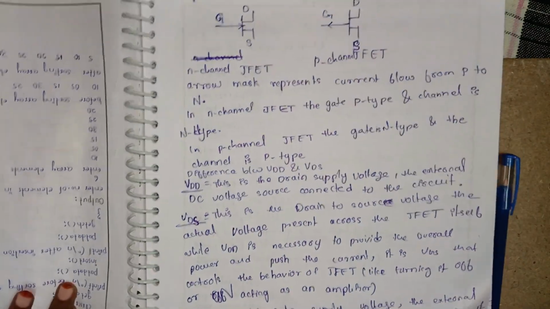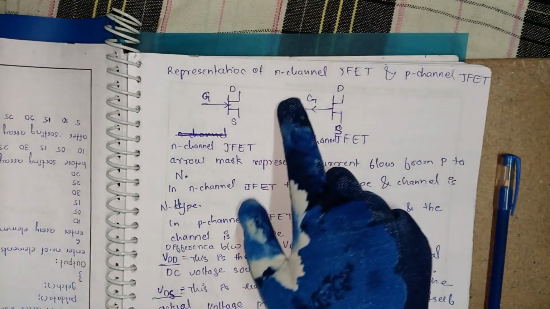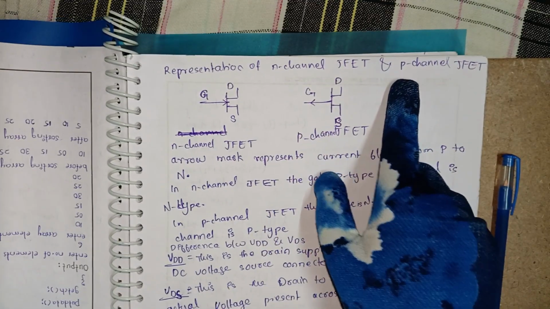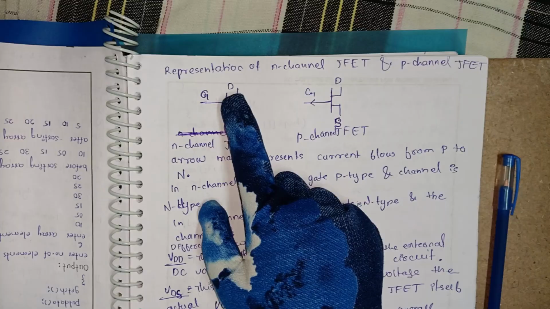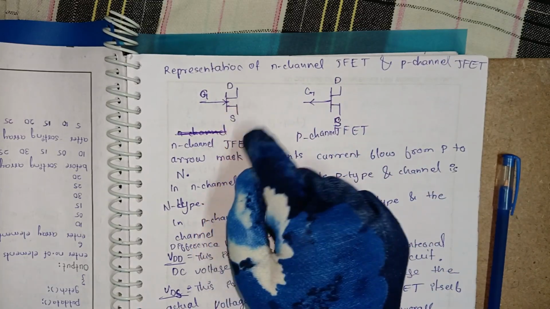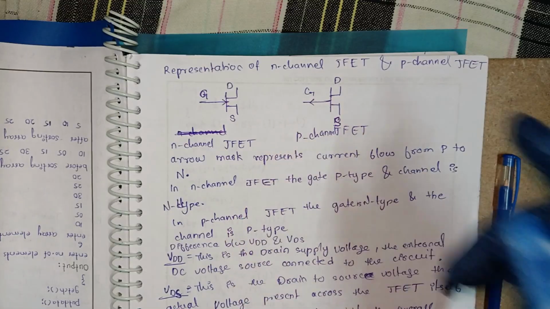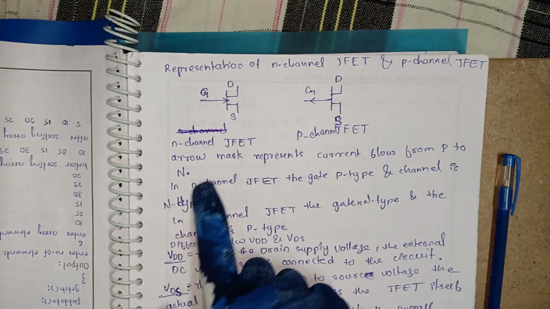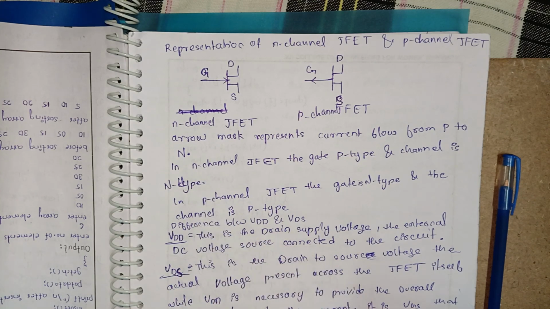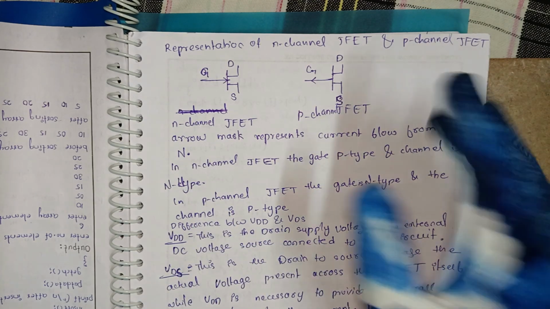Then we have the representation of the N-channel JFET and the P-channel JFET. Here gate, drain and source are there for both. The arrow direction is inward for the N-channel JFET and outward for the P-channel JFET. The arrow represents the current flow from P-type material to N-type material.